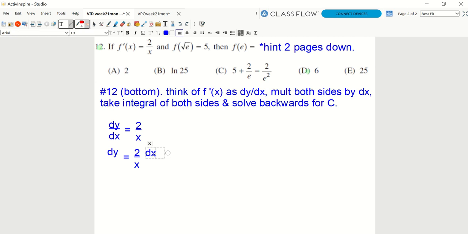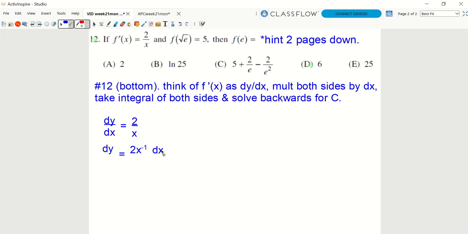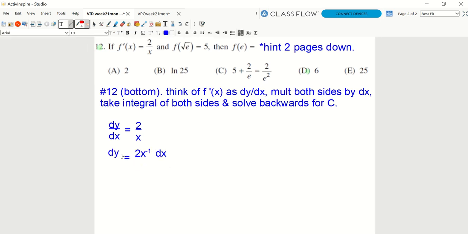I'm going to rewrite this as 2 times x to the power of -1. Okay, that's what we got so far.